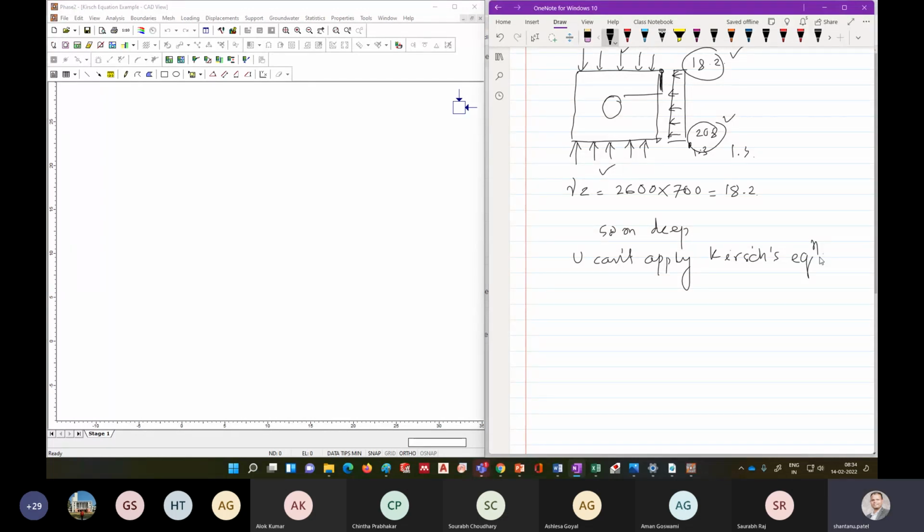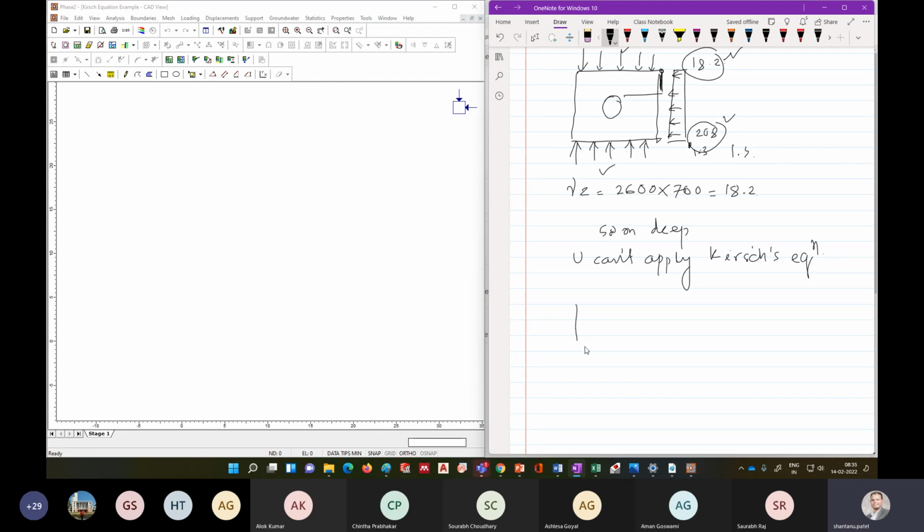But if the depth is more in this range, we can assume that this is changing a little bit, like 18.2 to 20.8, but we are okay with that. Did you get the point here? Yes, sir. Yeah, basically we take these assumptions when we do the modeling work, right?